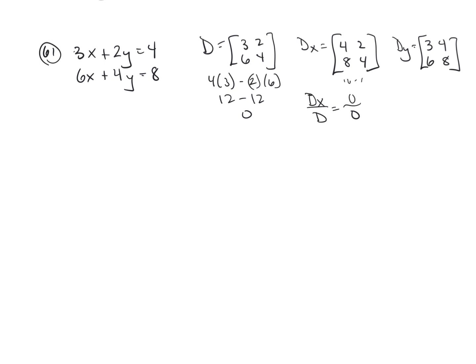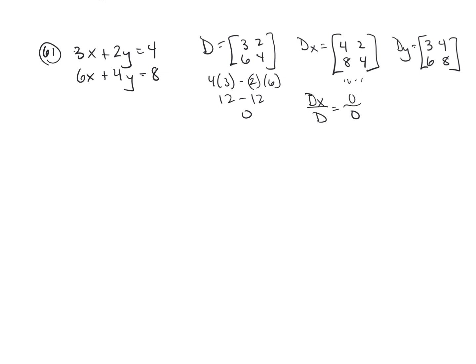So now you get to go back and do it the old school way and figure out, do you have infinite solutions or do you have no solution? So I'm going to come back over here. And again, since D is 0, we can never divide by 0. So all it's telling us is we don't have a regular solution, meaning an actual point.